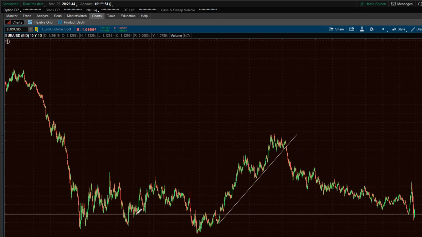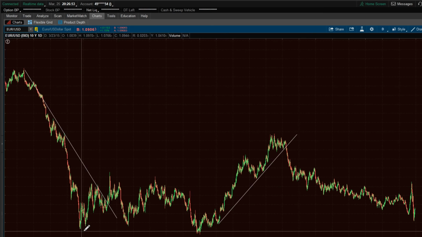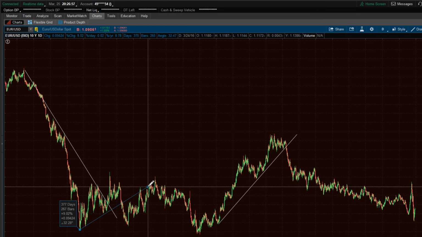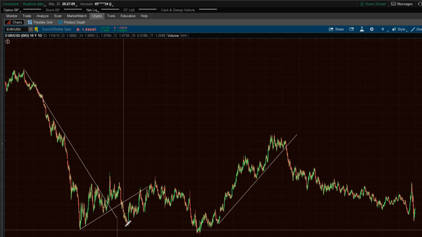Boom. So you can see whatever the product you're trying to trade, these simple price action charting skills should be able to help you a lot.